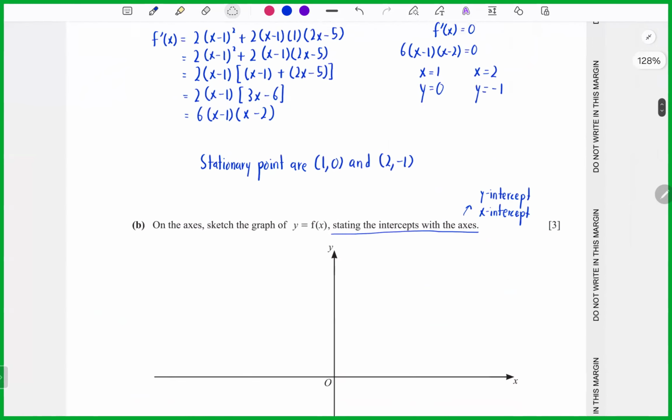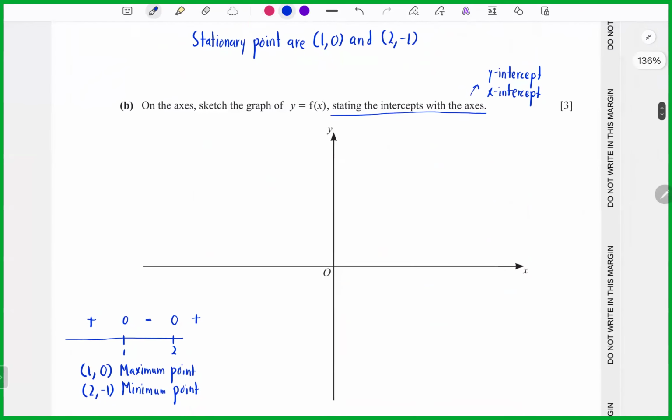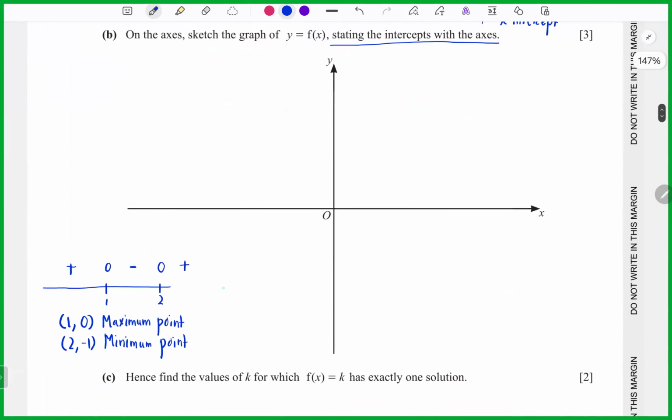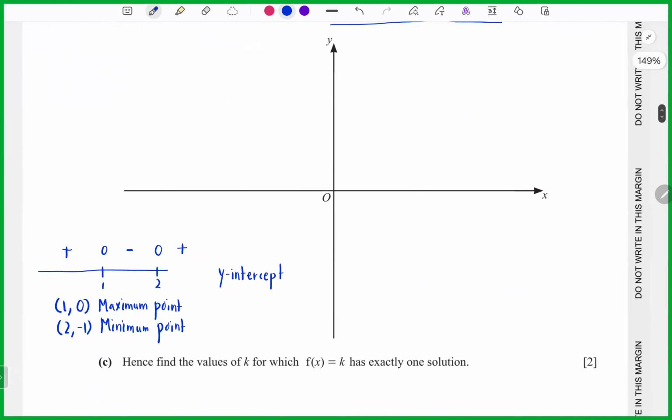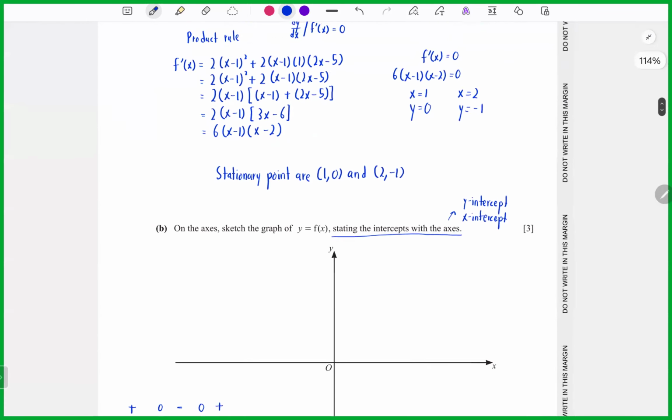Now we try to find the y-intercept first. Y-intercept means x equals to 0.